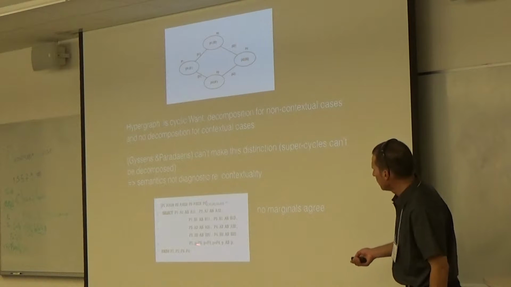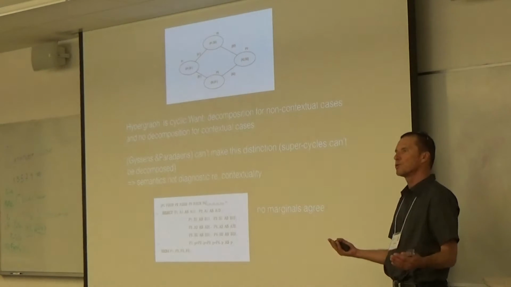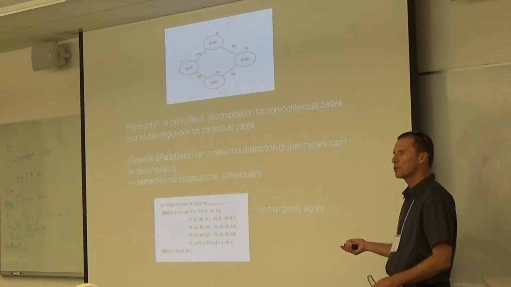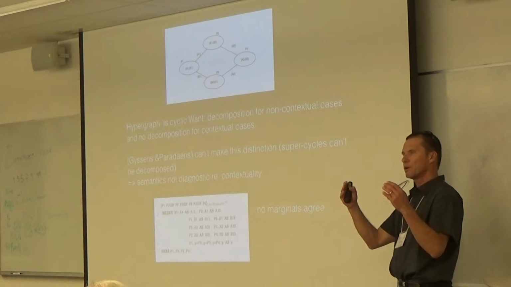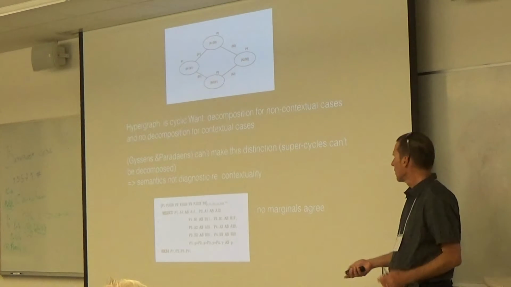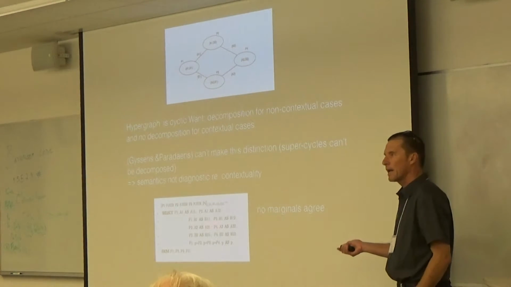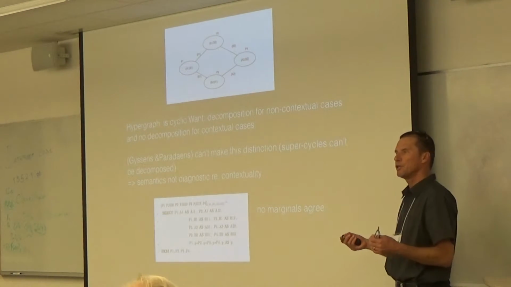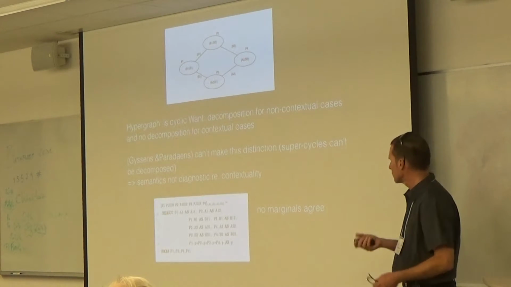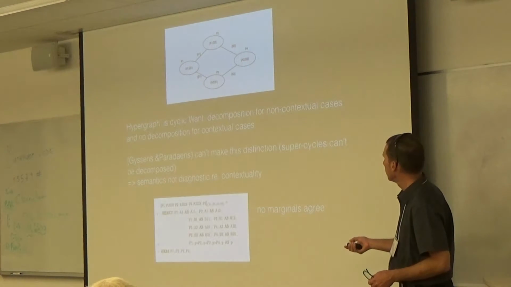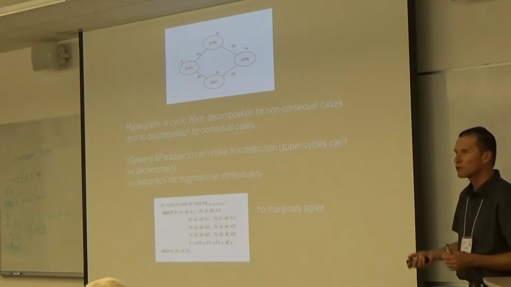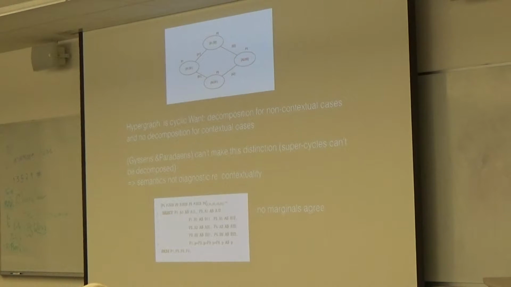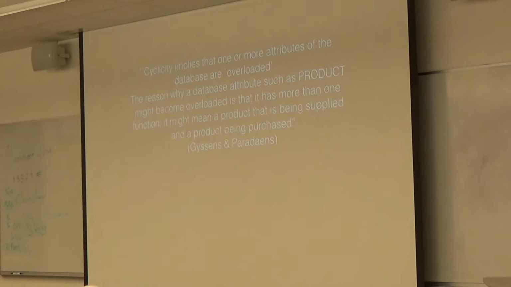Then the semantics can use a Cartesian product. This is using the language SQL. Essentially you combine all the different component distributions into one distribution where all of the variables are renamed behind the scenes, and that would be the semantics produced by the program. It's a simplistic solution, but once again, it's not diagnostic with respect to contextuality, unfortunately.